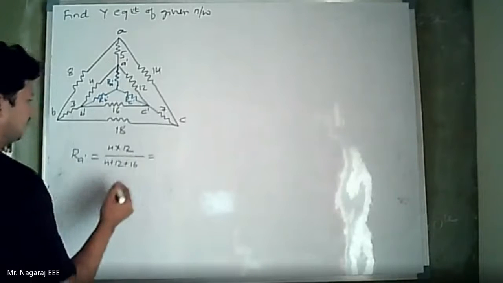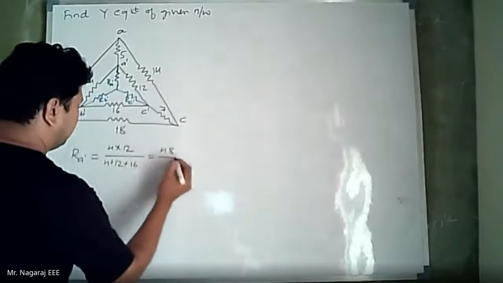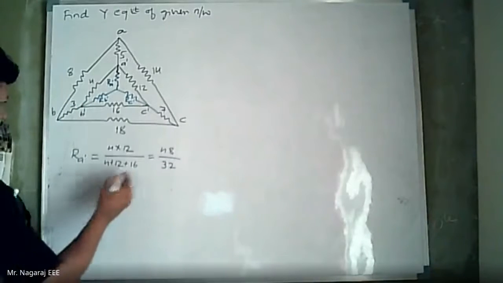This equals 48 divided by 32, which is 1.5 ohms.